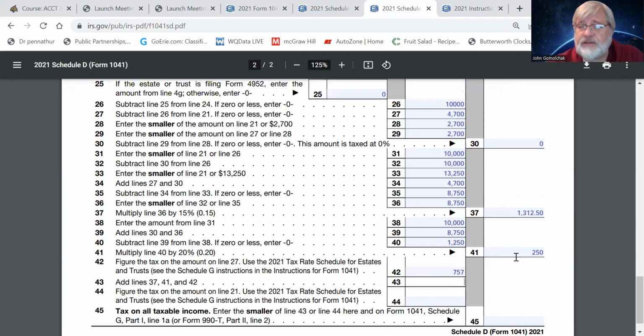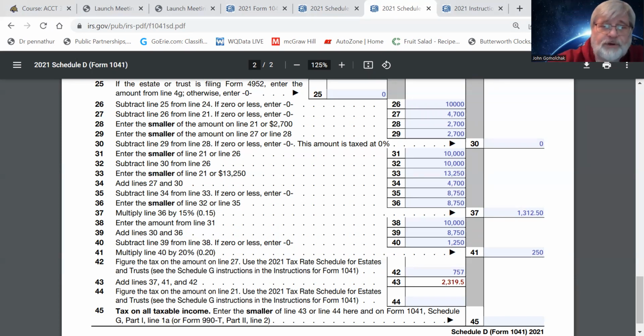So 37 is here, 41 is here, and 42 is here. Let me get my calculator back up. 1,312.50 plus 250 plus 757 equals 2,319.50. So let me put that on line 43 here.